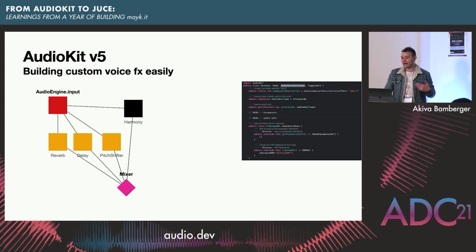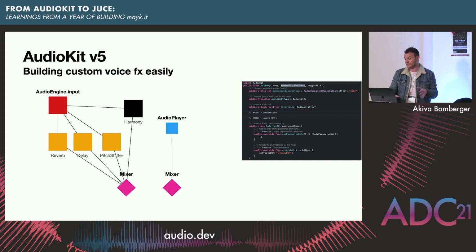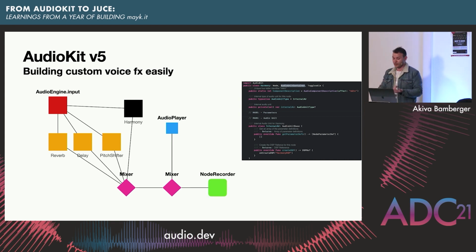In that case, you have an effect that isn't part of the standard library that you're writing, and you just have to make sure that you build an audio unit container subclass and that you override this create DSP subclass, and that's where you take your C++ code and bring it into the rest of your graph. And so this basically allowed us to easily start building audio effects without having all these separate targets.